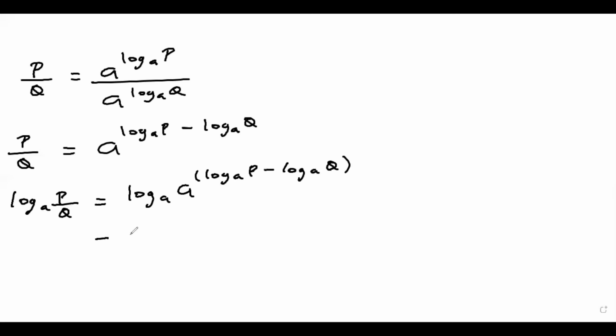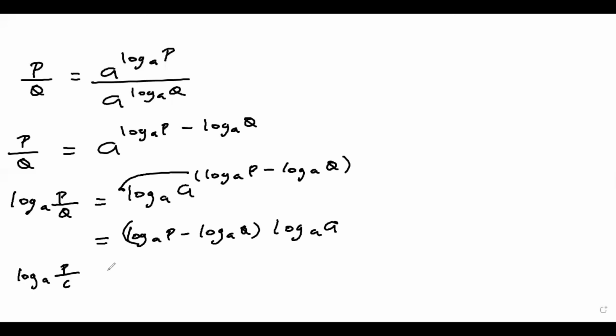So that would be equal to, taking this to the forefront, log base a of p minus log base a of q in brackets, times log base a of a. And we know that log base a of a is equal to 1. So that means log base a of p over q is equal to log base a of p minus log base a of q, and vice versa.